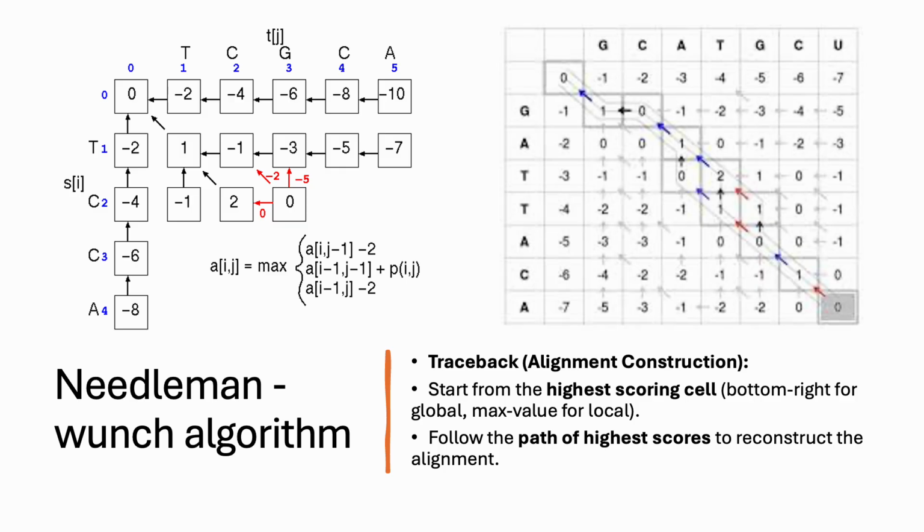To explain how this is done, let us look into one of the positions. Here I'm going to explain A(2,3). There are three scores obtained from the adjacent cells. The first score is going to be -5. Let's see how it is obtained. It is the maximum of A(i,j-1) minus 2.